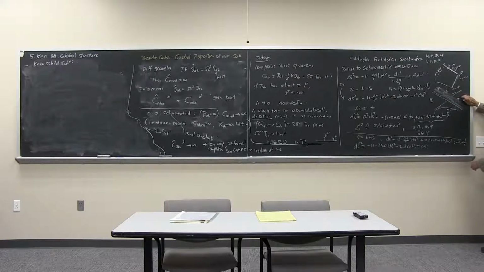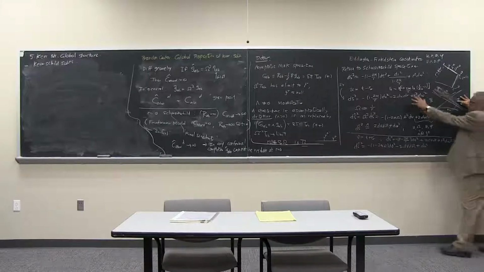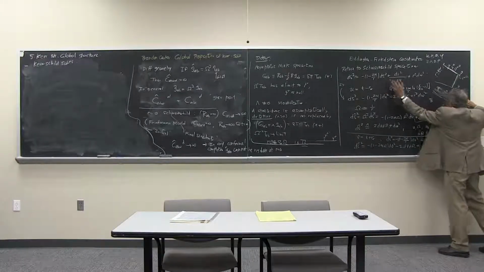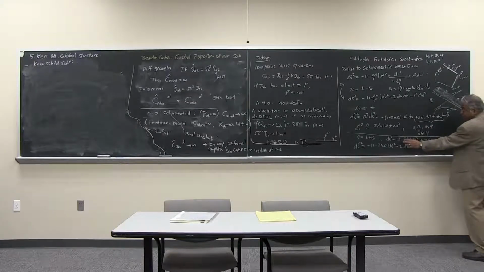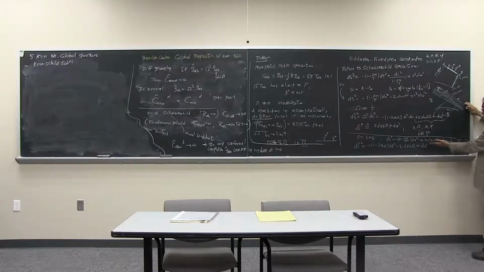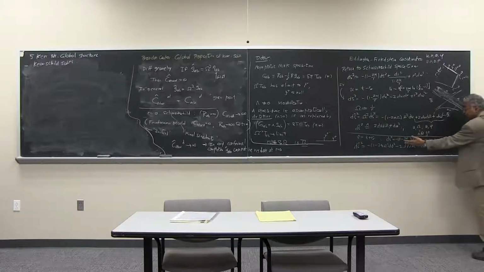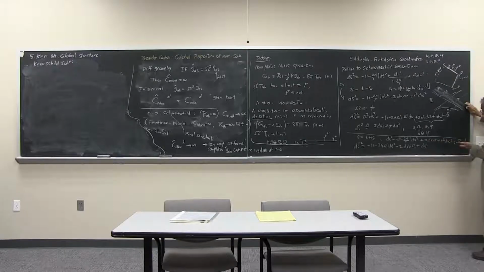Not only does it contain the asymptotic region, which is covered in the Schwarzschild coordinates, but it actually contains also the singularity. And in these coordinates, you see that nothing goes wrong at r equal to 2m. This term goes away, but there's nothing there. Nothing at all goes wrong. It's just that this term goes away. This is a perfectly well-defined hyperbolic metric. So there is no accident at r equal to 2m in this metric.